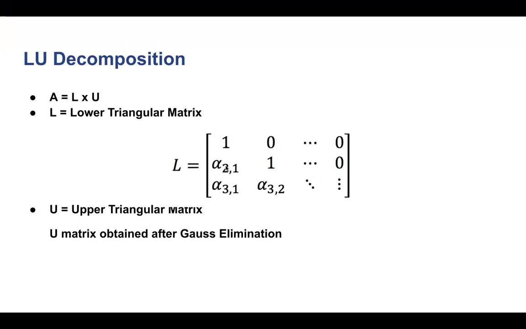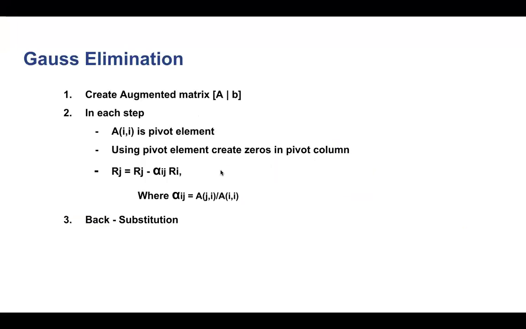This is the second row, first column. Now let us look at the formula for alpha 21. Alpha 2, comma 1 is A 2, comma 1 divided by A 1, 1. So you have to take this value and this value. This is how this 2, 1 index came.